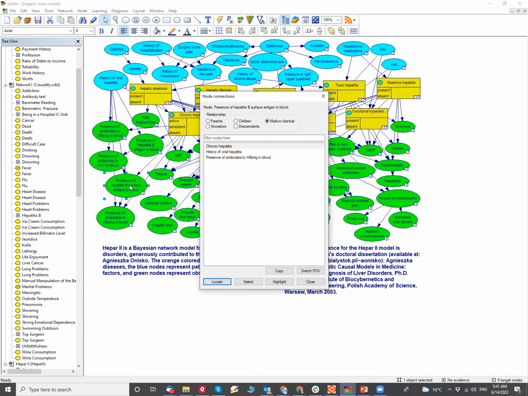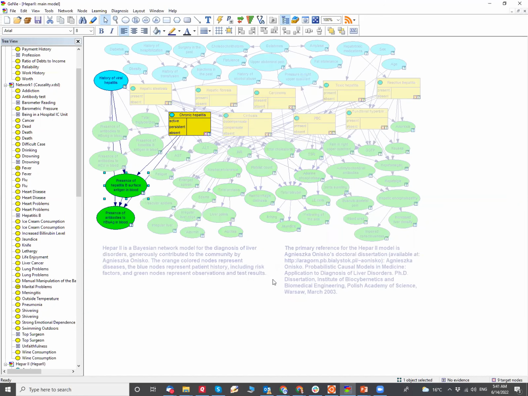The Markov blanket of this variable contains three variables. Chronic hepatitis, let me show them, highlight them. Here they are. The Markov blanket of that variable is these three variables. Immediate predecessors will screen off everything that is upstream from there. Descendants will screen off the further descendants.